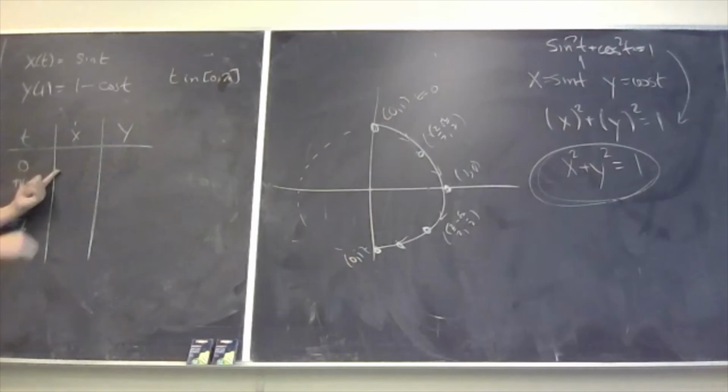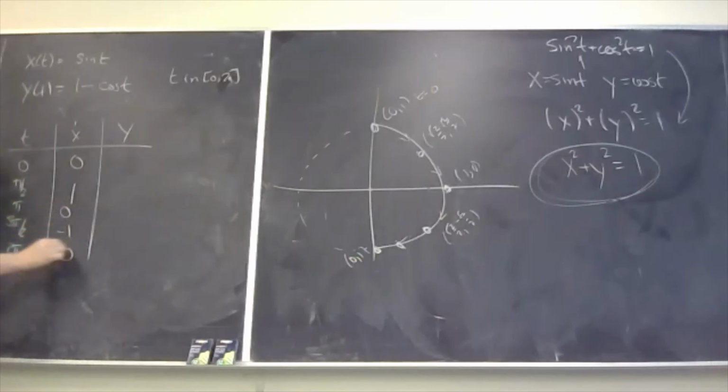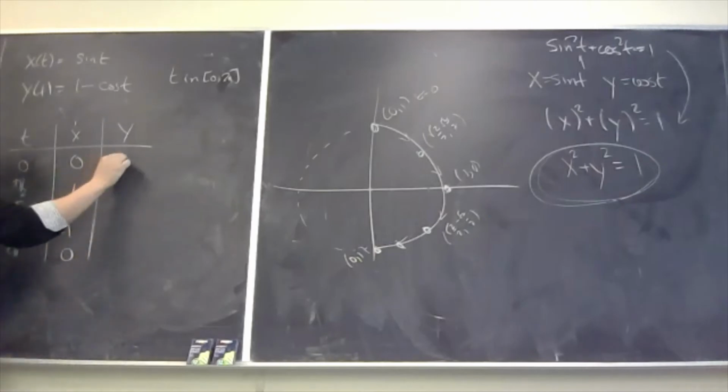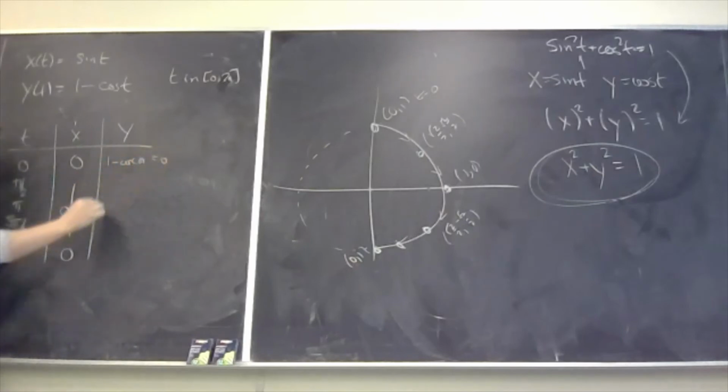X of 0 is sine of 0. That's the same as before. Sine of 0 was 0. Sine of pi over 2 is 1. Sine of pi, 0. 3 pi over 2, and 2 pi. Perfect. Okay, how about 1 minus the cosine of t? 1 minus the cosine of 0 is 1 minus 1, which is 0. 1 minus the cosine of pi over 2.